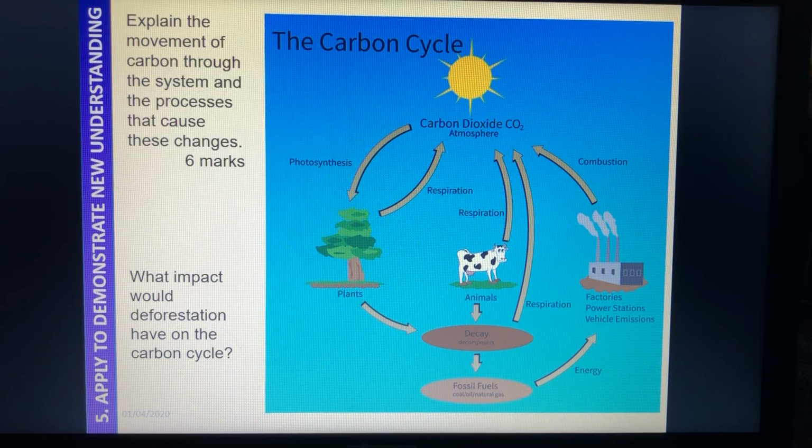Now I know I said before that photosynthesis is the only process that removes carbon dioxide from the atmosphere. The only other thing, if you think back to chemistry, you might not have done the topic yet, is that when we look at the evolution of the Earth's atmosphere, we find that the atmosphere originally consisted of very, very high concentrations of carbon dioxide.